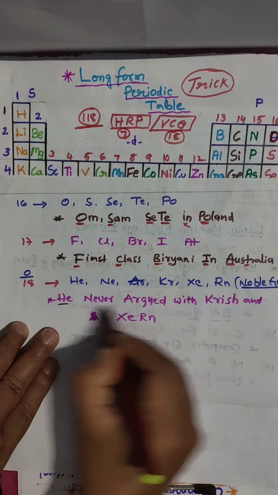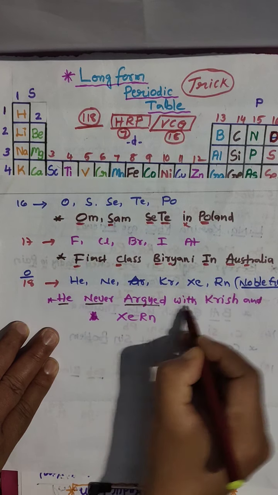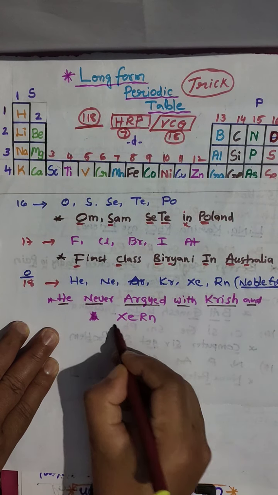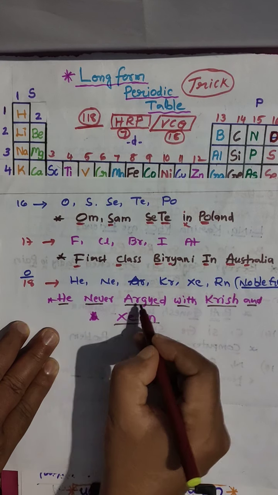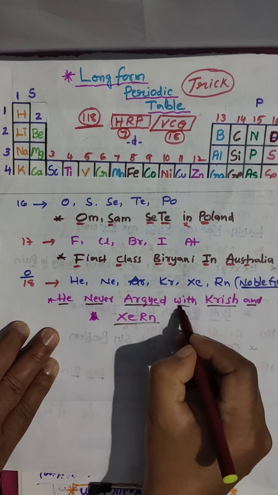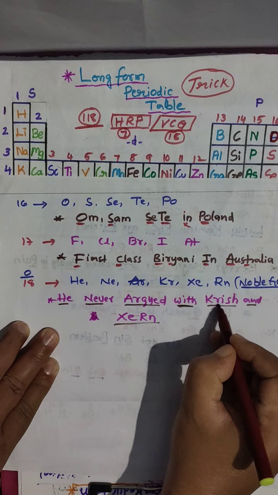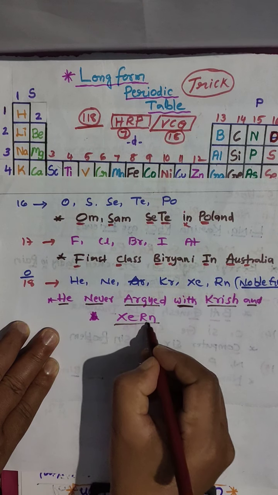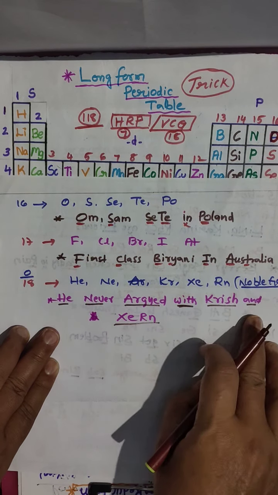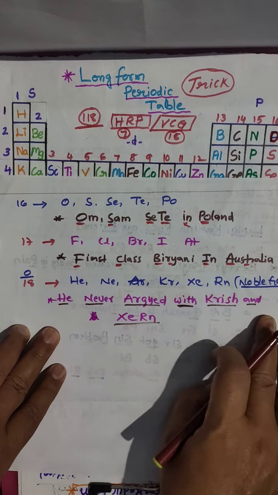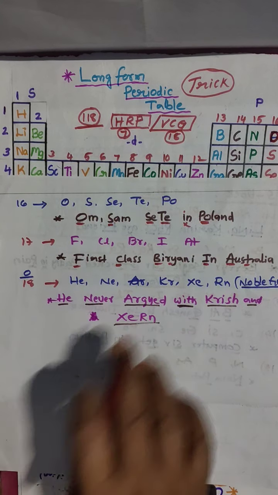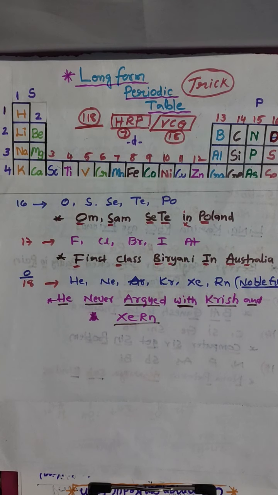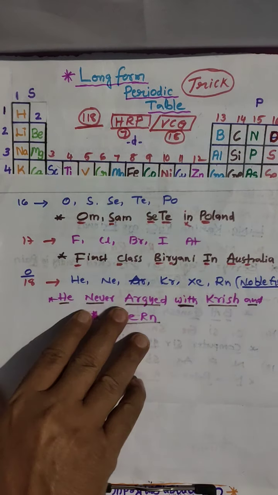He never argued with Krish and Zeran. He, helium, never, neon, argon. And this is for the sentence purpose only. Krypton, Kr, Zeran, xenon, radon. He never argued with Krish and Zeran. And this is how we are learning the periodic table, S block and P block.